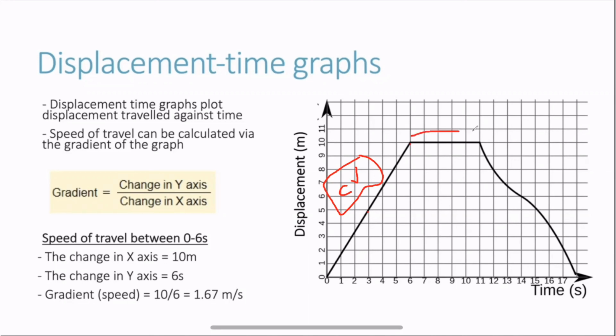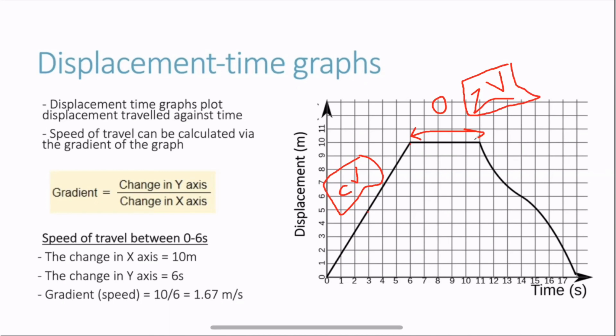Now from here to here, the time is increasing but there is no displacement, so the body is not moving. That tells us we have zero displacement from this place to this place, meaning the body has zero velocity and the body is at rest, correct?